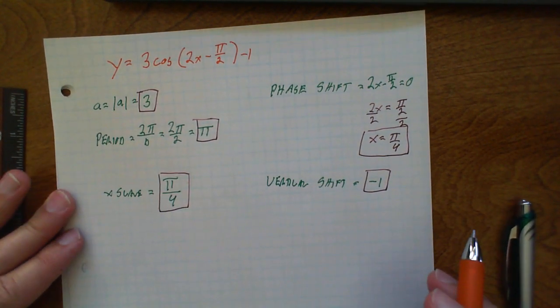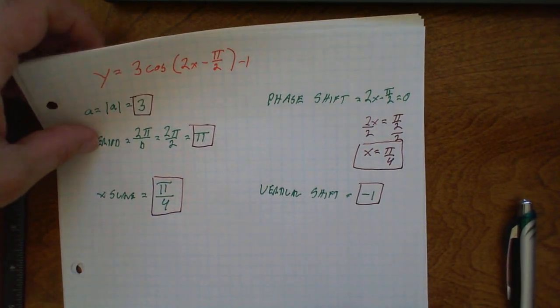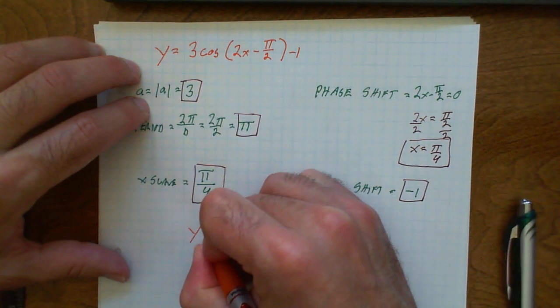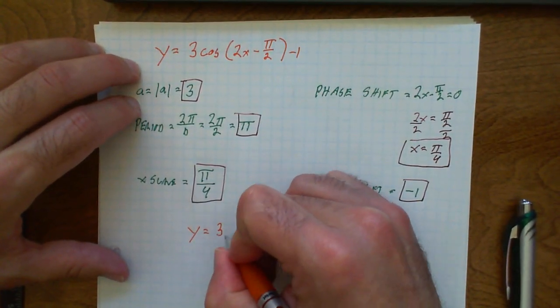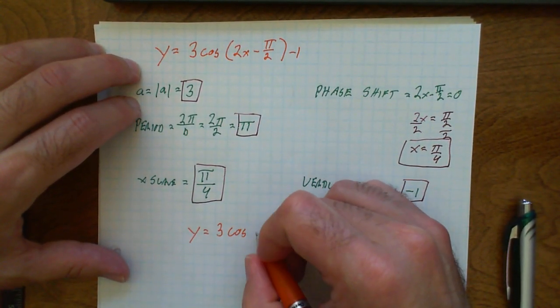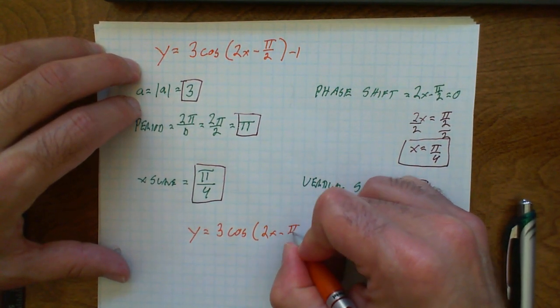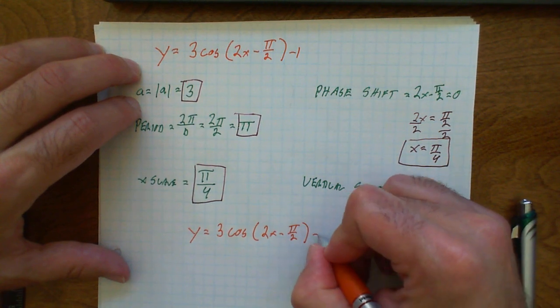All right, so here we go. Let's rewrite. Hopefully I can get this all so you can see it in one screen. y equals 3 cosine of 2x minus pi over 2, minus 1.